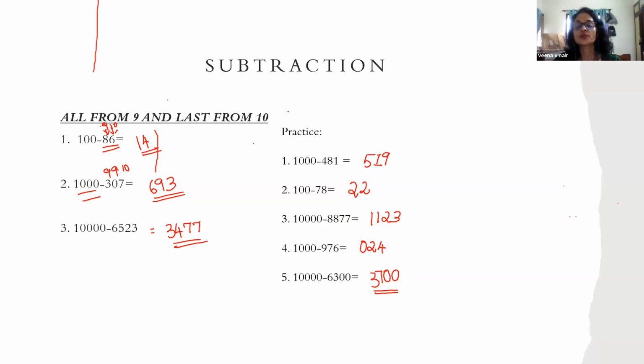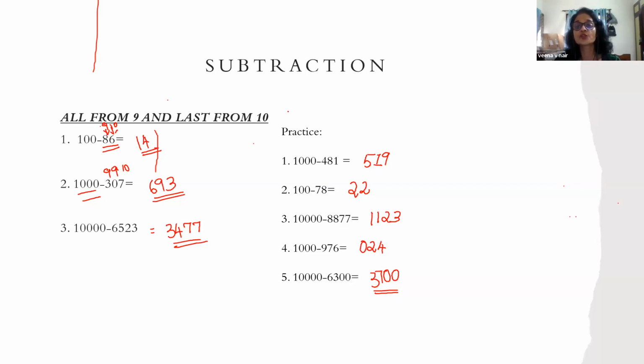Okay. Then what did we do in subtraction? We first did the second number, and we did all from 9, last from 10. We did below base. So in addition, what did we do? First, we looked for 10. After that, we applied one more method, right?